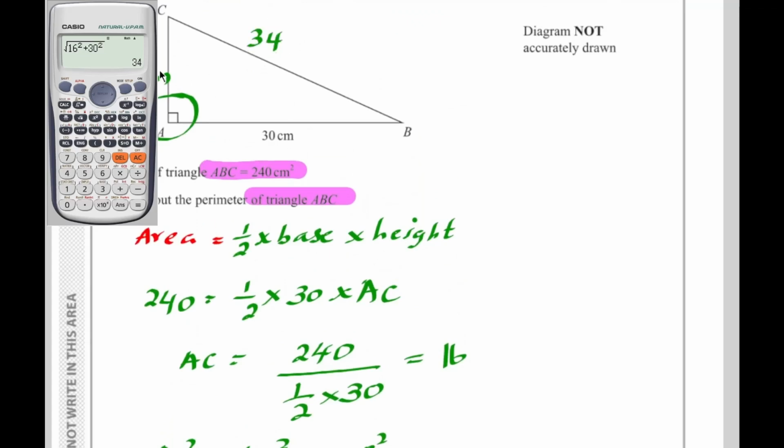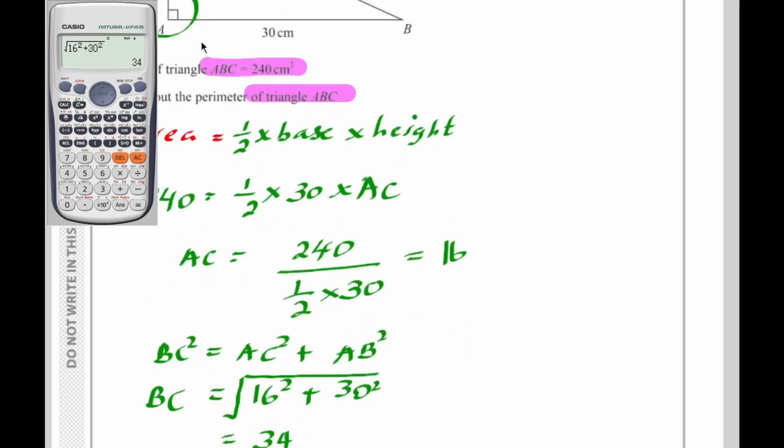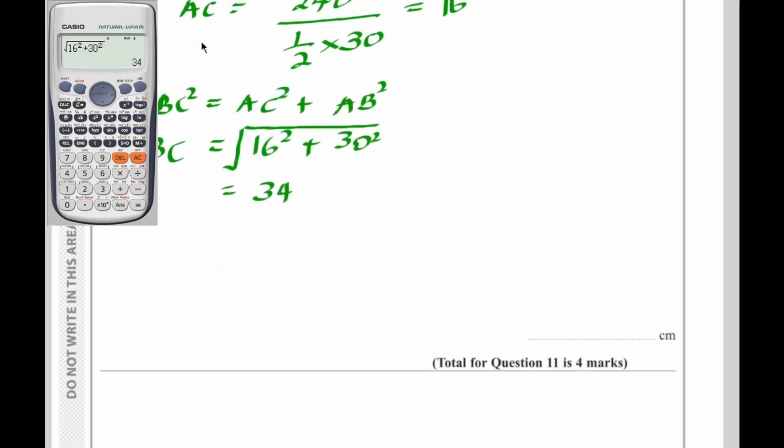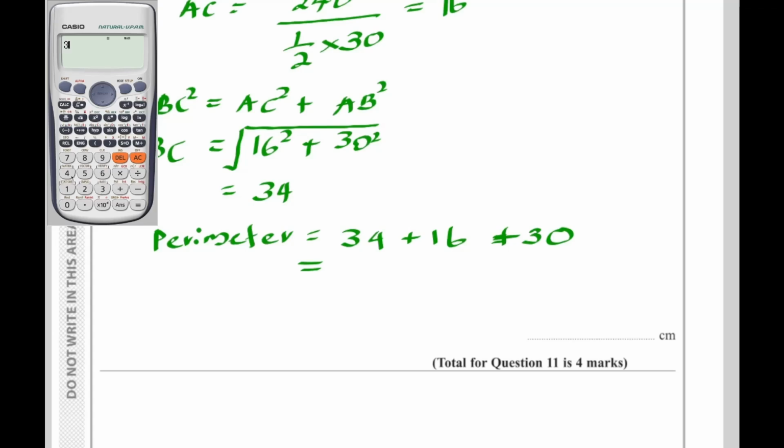Now to get the perimeter, I need to add all three sides, all the outer lines added together. So perimeter equals 34 plus 16 plus 30.